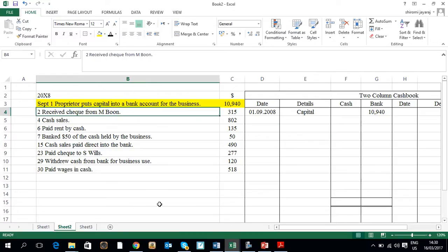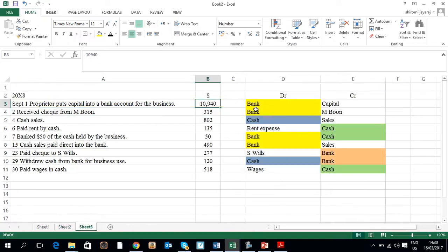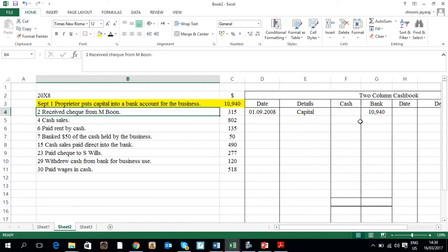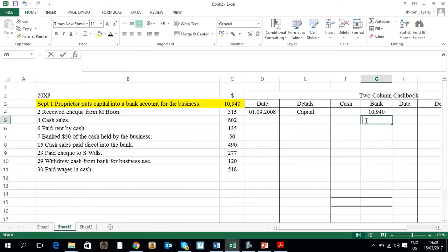Received check from M. Boone. Bank debit, M. Boone credit. Cash book, bank column, 315 and opposite account's name M. Boone, and the date is 2nd 9, 2008. Fine.